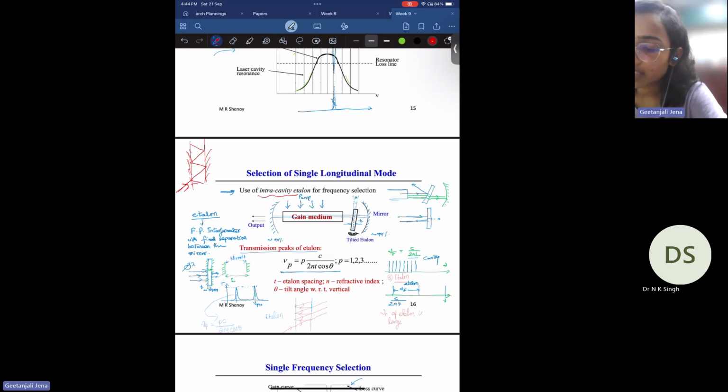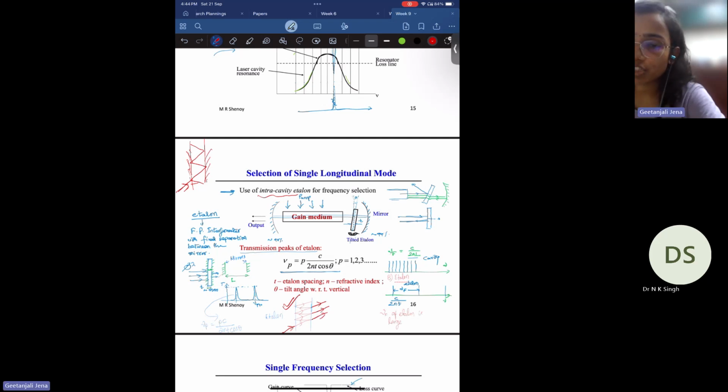So it will oscillate inside this cavity. If you see this figure, the incident light is reflected back and forth between these two parallel mirrors, and some of the light is transmitted out from this mirror.